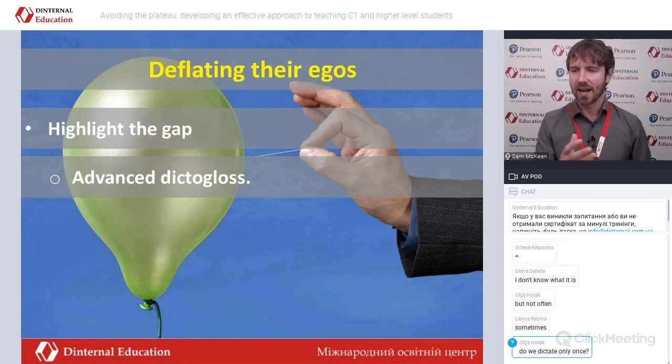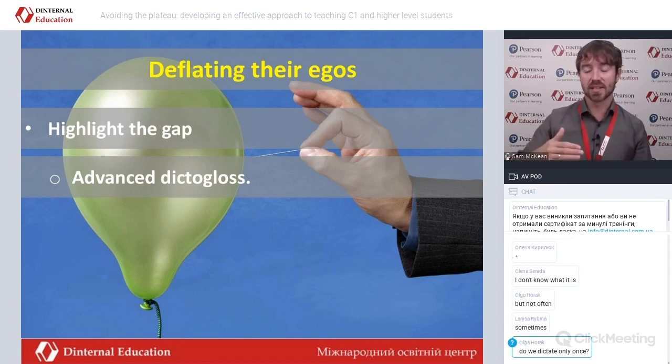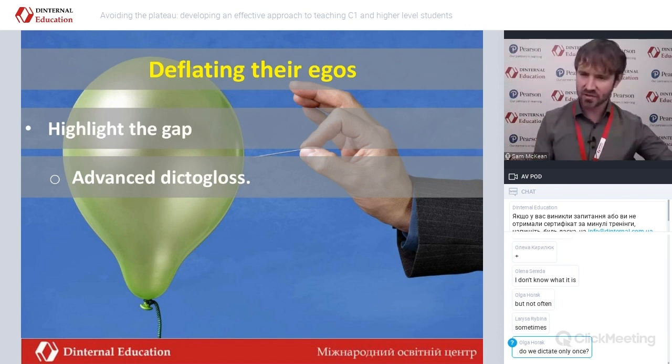So, as I said, you can actually use this with any level from kind of intermediate upwards, but to make it more challenging for advanced level students, I'll often include bits of idiomatic language, or maybe include exceptions to grammatical rules that I want to introduce in that lesson.